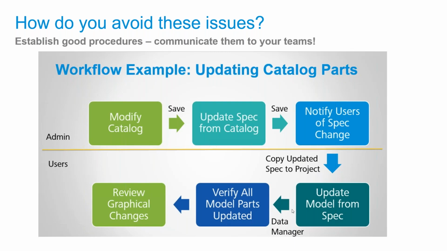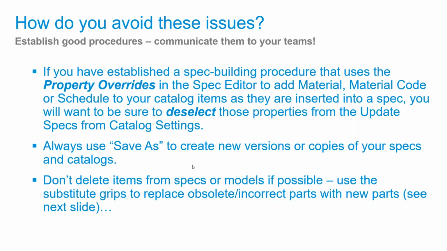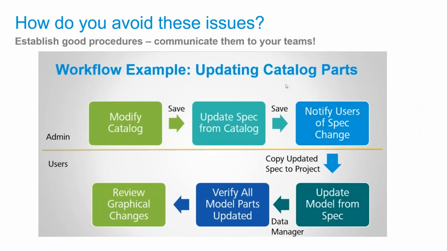Now with the data manager, you can verify all model parts updated and review the graphical changes as well. That would be a good procedure. We will see how this works with the data manager in two slides ahead.